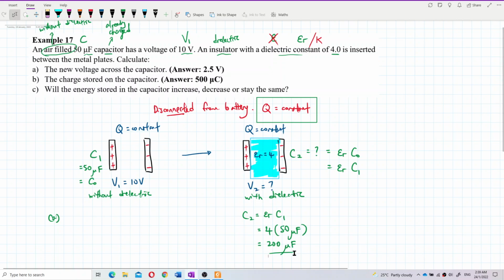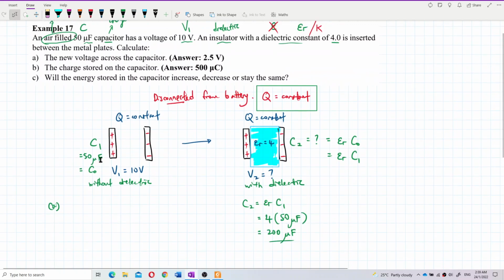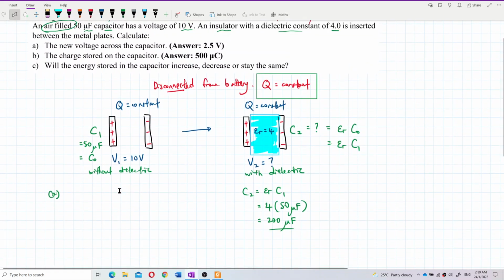After that, we got the capacitance for the capacitor with dielectric, and then we can also calculate the charge. Q equal to C1 V1, isn't it?